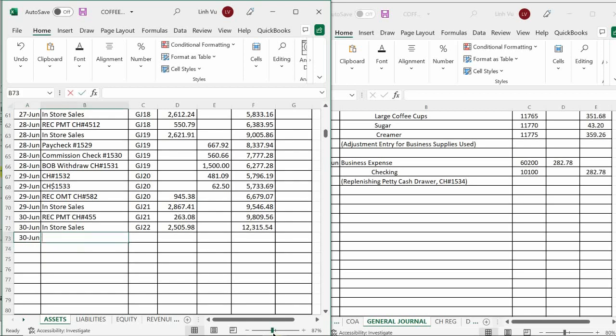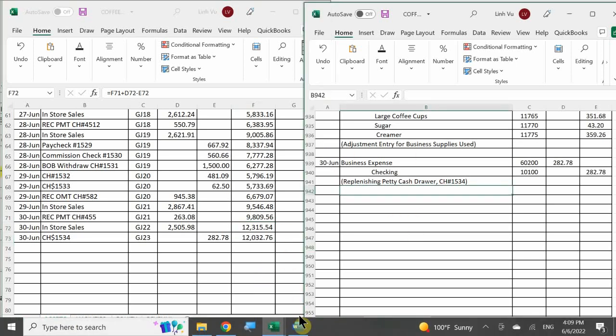This one, we wrote check number 1534, and that's going to decrease my account by $282.78, which will drop your checking account balance down to $12.32.76.